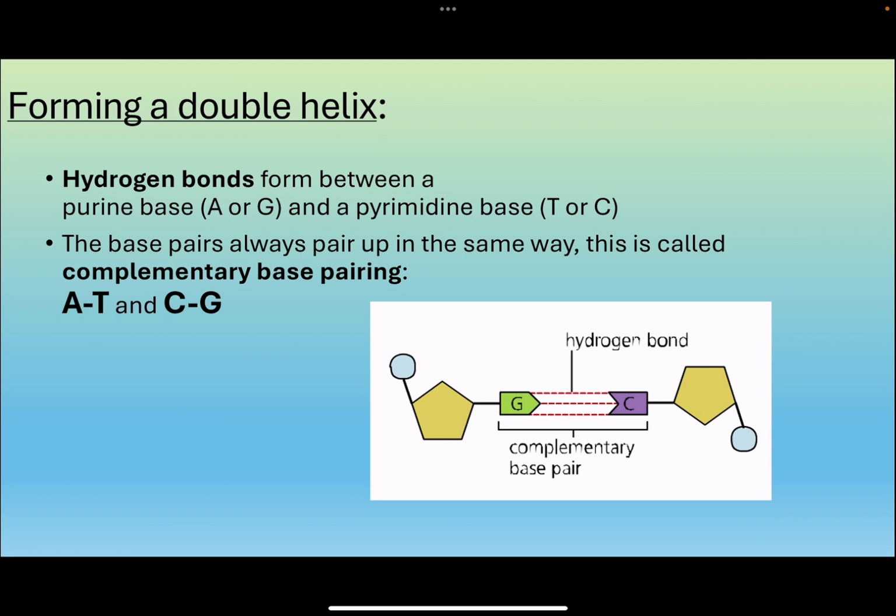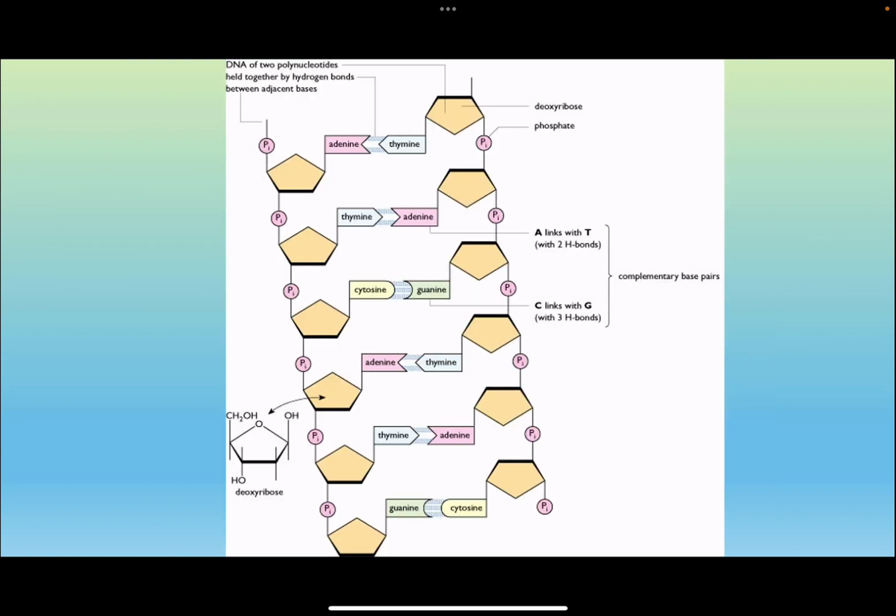So you always get A pairing up with T and C pairing up with G, okay? And you can see again in the diagram that that hydrogen bond is formed between them to make the double helix structure.